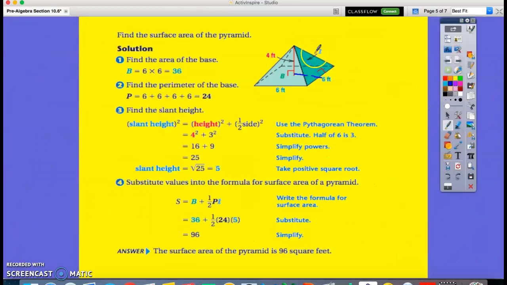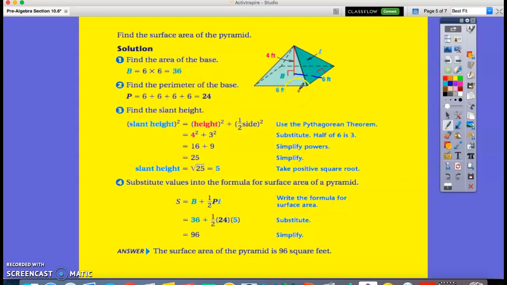So let's look at an example. You are given the height of the pyramid, which is 4, and this is a square pyramid, and we don't know the slant height. So how do I find the base area? Base area is 6 times 6, right? That is 36.